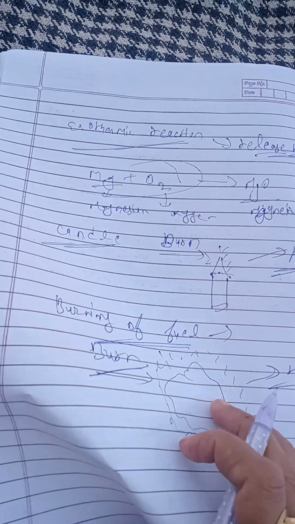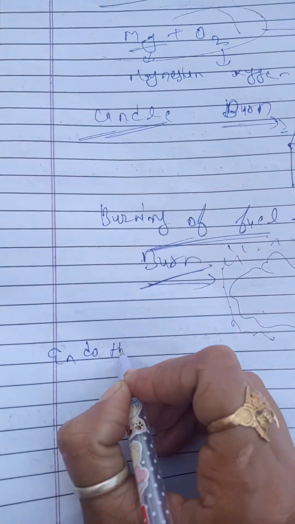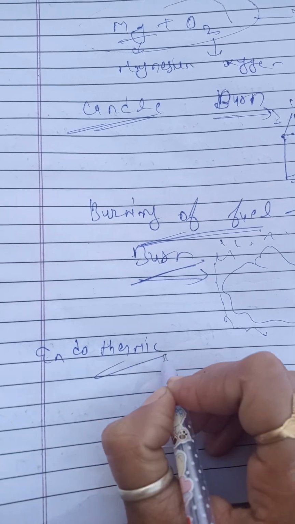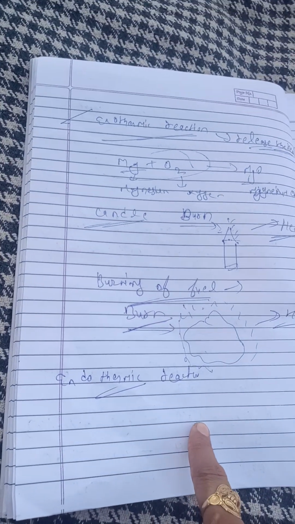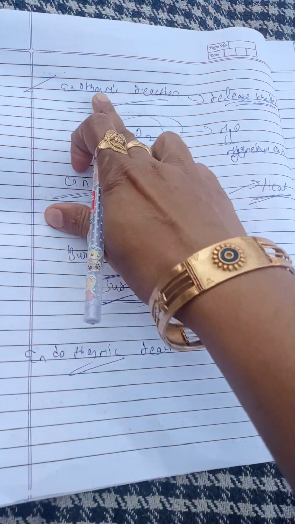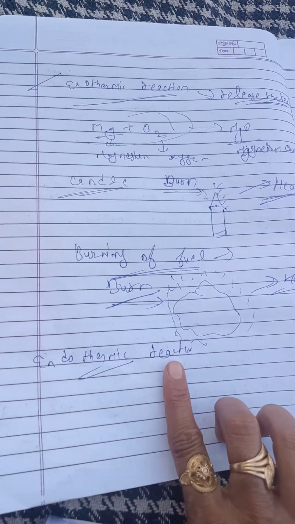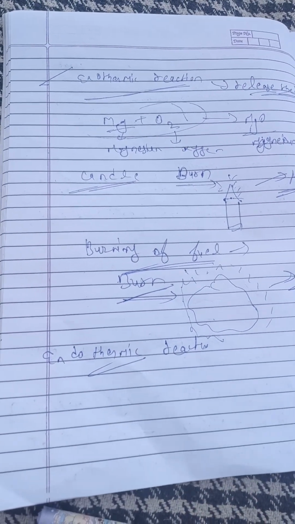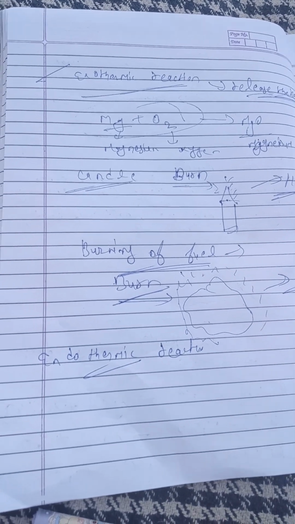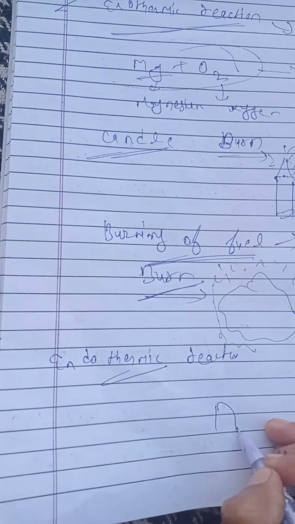Now we discuss the endothermic reaction. The endothermic reaction is completely the reverse of the exothermic reaction. In the exothermic reaction, heat is released, but in the endothermic reaction, heat is not released. In the endothermic reaction, it absorbs heat. This is an ice cube.